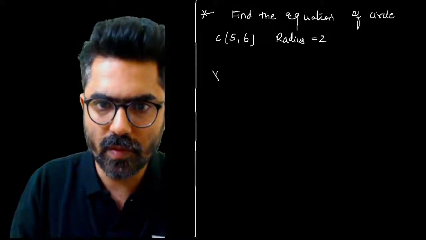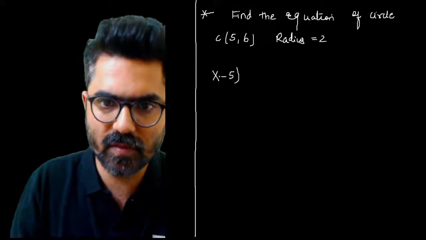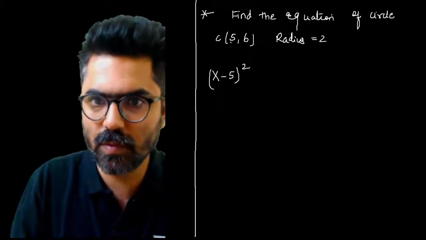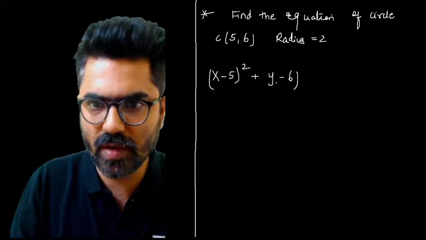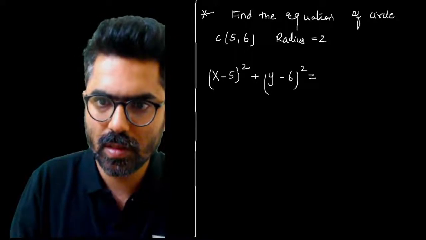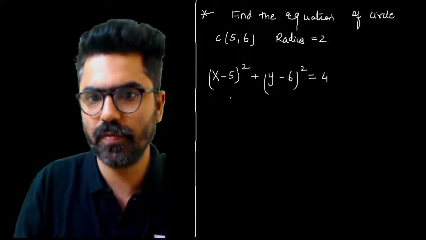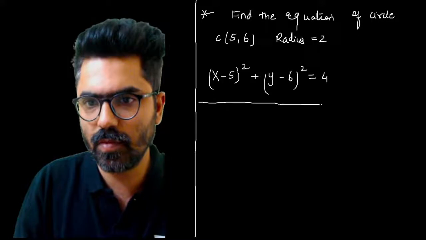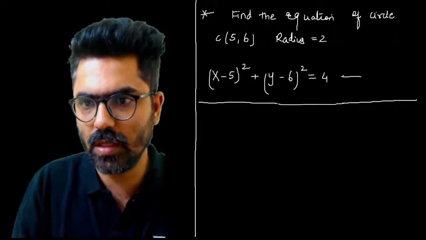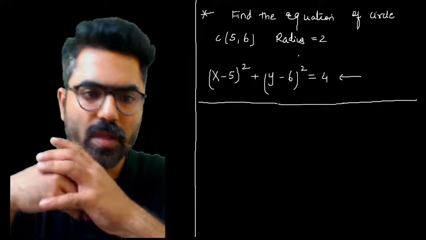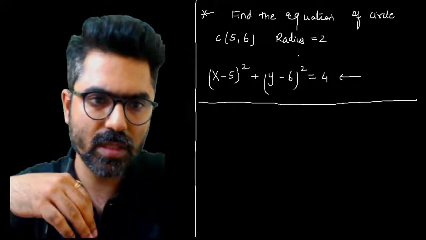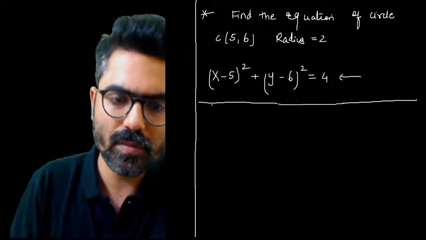So the equation is x minus 5 the whole square, x minus the x coordinate of center, plus y minus the y coordinate of center, is equal to radius square, which is 4. This is the center radius form, the equation of circle with center 5, 6 and radius 2.